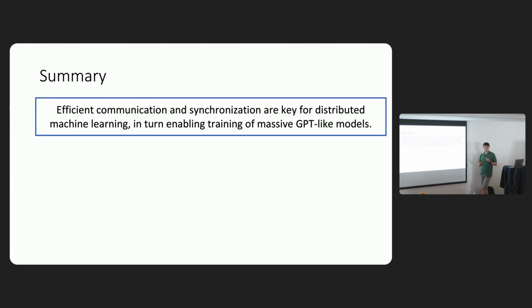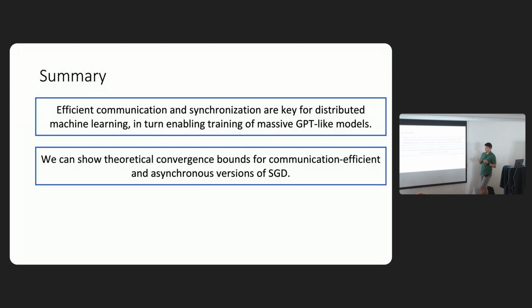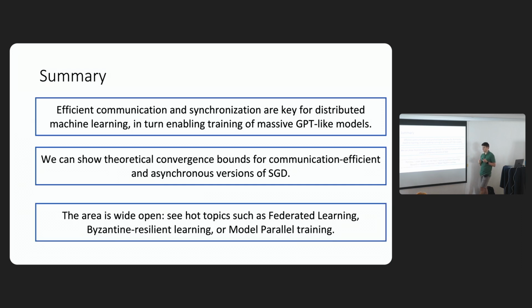Some of the very largest models are actually trained in an asynchronous, communication-compressed way. So you do need this kind of trickery, maybe not to the level of the worst case bounds that we've discussed, but you do need notions like this to train very, very large models. And it's nice that we have a burgeoning theory of convergence for these types of algorithms, communication-efficient but also asynchronous versions of SGD.